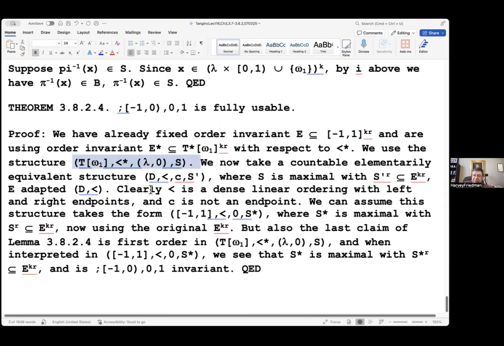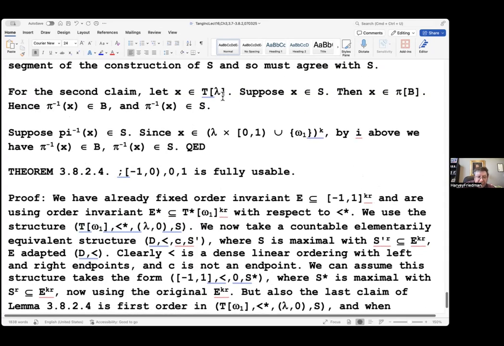And this transfer that we proved up here, this transfer involving pi here, is statable and true in this structure.